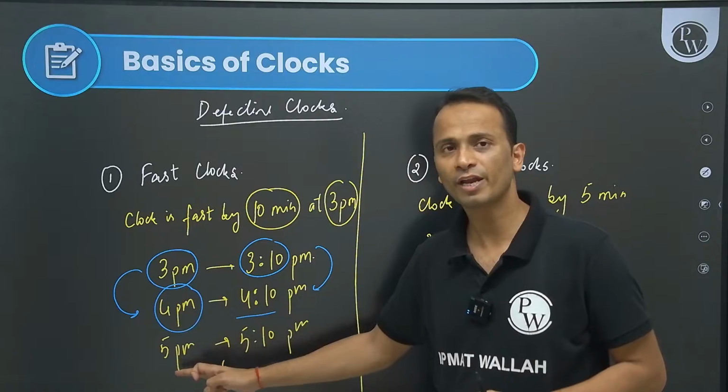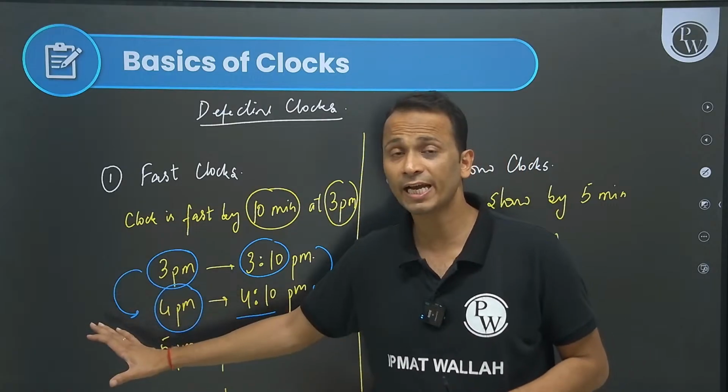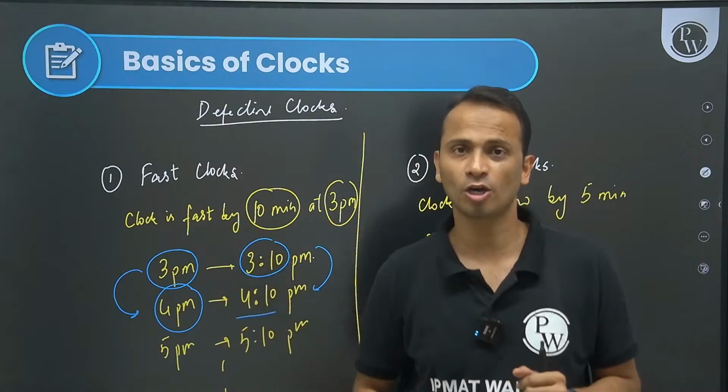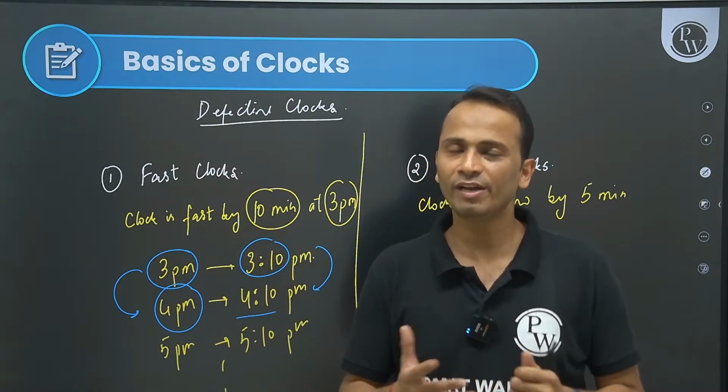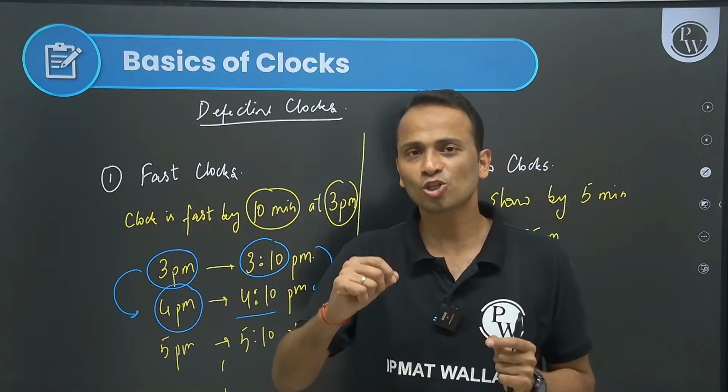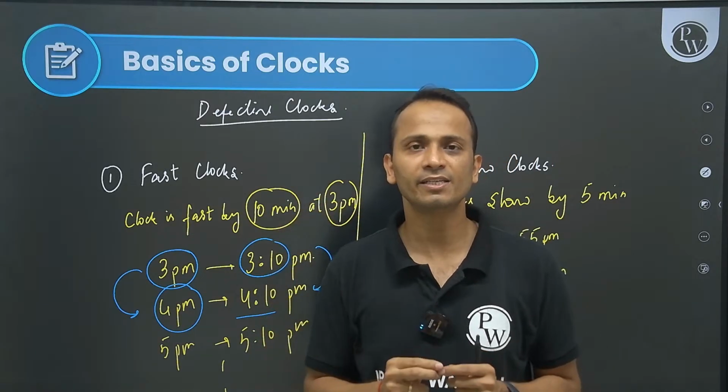Then again, for every 1 hour elapsed in the correct clock, I can say that 1 hour is elapsed in this clock. So क्या डिफेक्ट है? कोई डिफेक्ट नहीं है. The problem is मैंने इस क्लॉक को 10 मिनट्स आगे सेट किया है.